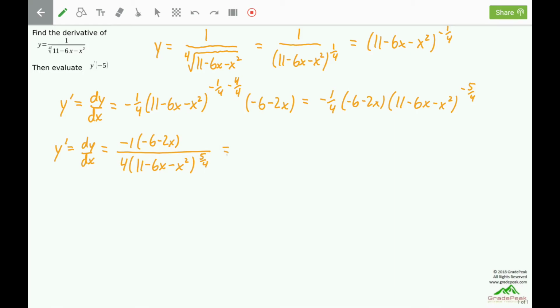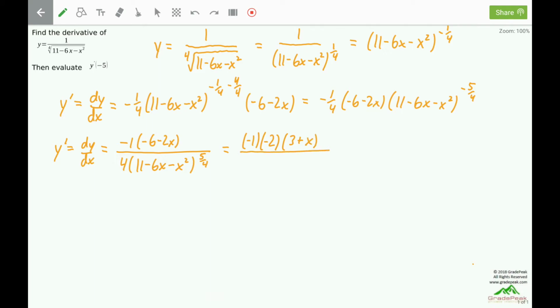Now back in the numerator, I can factor out a negative 1 from the expression of negative 6 minus 2x. And I can also factor a 2 out of there. So I'm going to factor out an entire negative 2, and that will give me a positive 3 and a positive 1x.